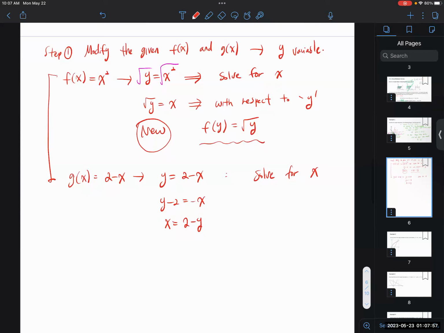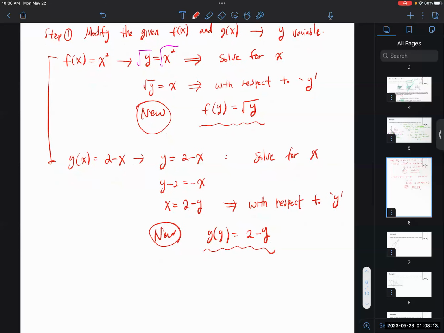So that means now this is with respect to y, so you have a new g of y, which is 2 minus y. So x equal to something means whatever number you plug into y, this is in terms of the y variable. So therefore, your new f function is radical y, and your new g function is 2 minus y.